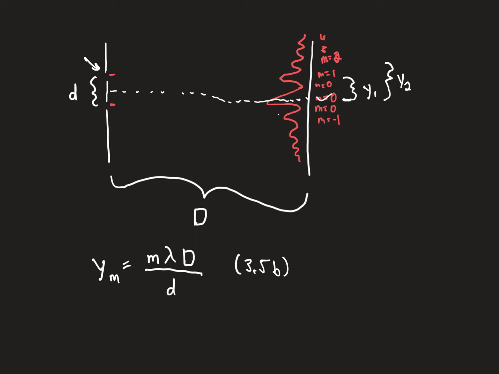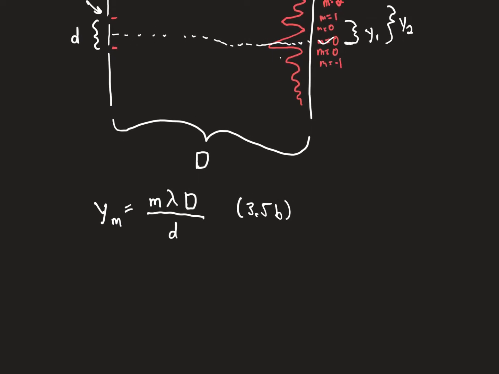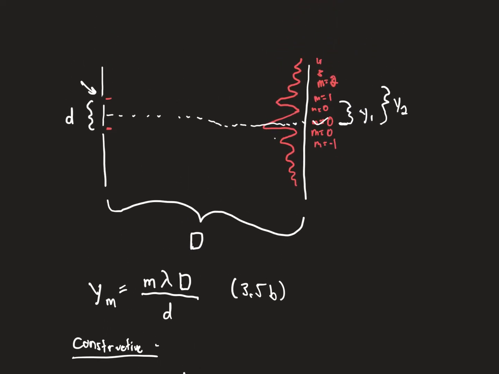Other equations we want to know for Young's double slit. We want to know the equation for getting constructive interference, so waves combining. That's going to be m, which is your order, times your wavelength, equals d times sine of theta. For our purposes, we're just going to approximate sine of theta. This isn't technically correct, so I probably shouldn't post this on YouTube because a bunch of physicists will come and yell at me. But we're going to ignore that for now. And this is roughly equal to the angle theta.